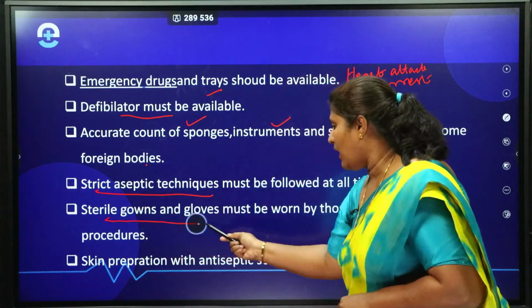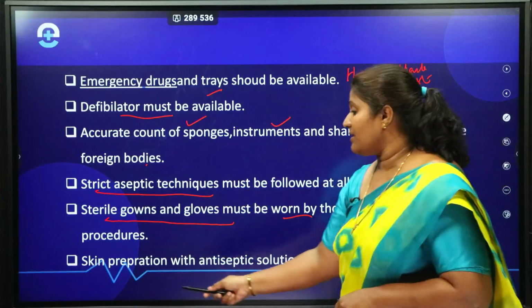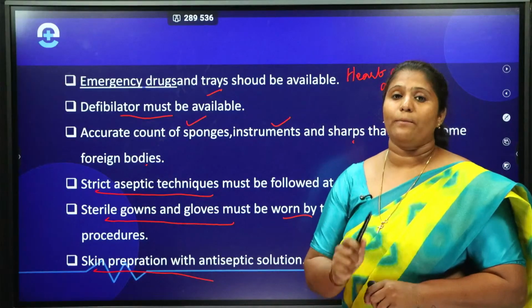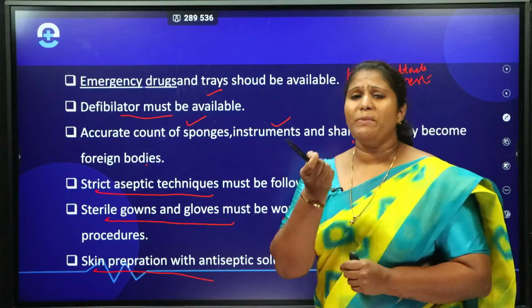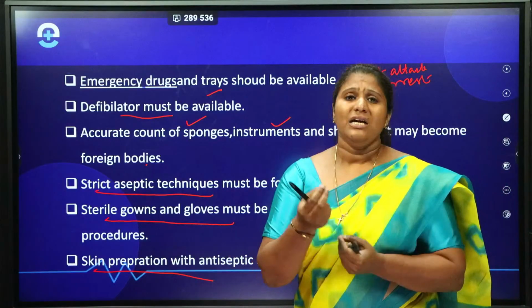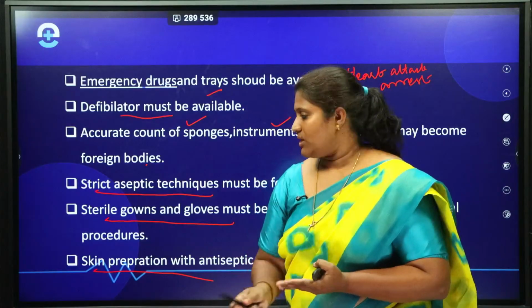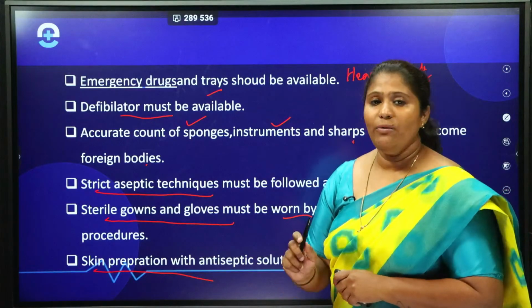Same thing, sterile gloves and gown are used for the procedure. Then skin preparation, I already informed you, skin and body preparation is very mandatory, because a small bit of hair or skin debris will cause infection to the patient. So all this we need to see in the intraoperative time.